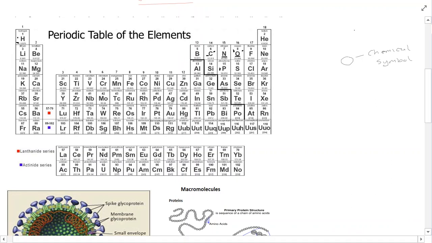We have the atomic number, which is 8. And then the number at the bottom, 15.999, is what's known as the mass number.